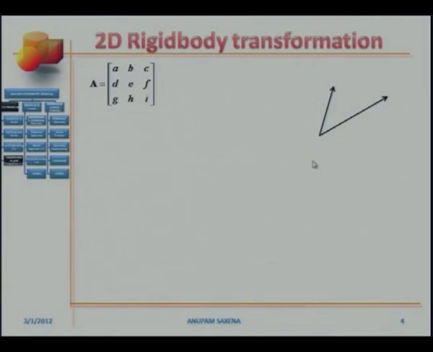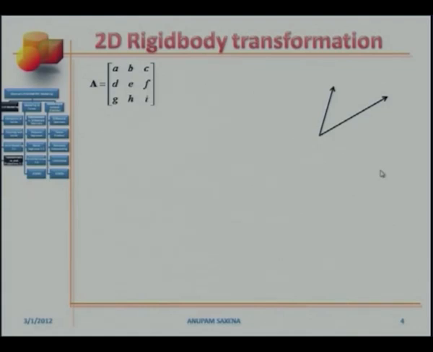Recall that when performing rigid body transformation, the lengths of these vectors do not change, and also the angle between these two vectors remains constant. We had incorporated both these conditions in terms of the dot and cross product between the two vectors.